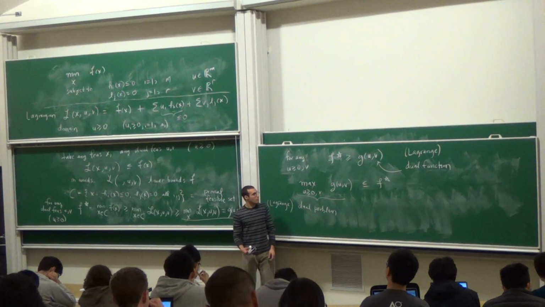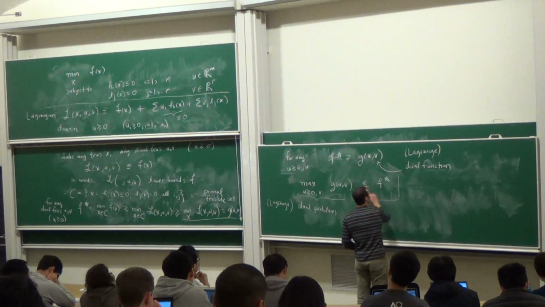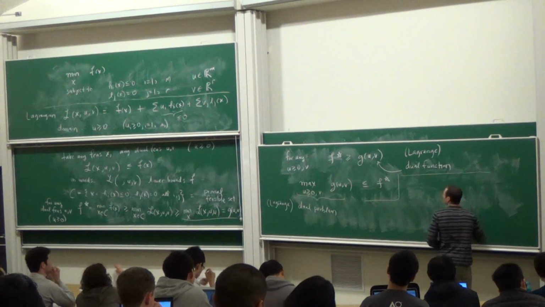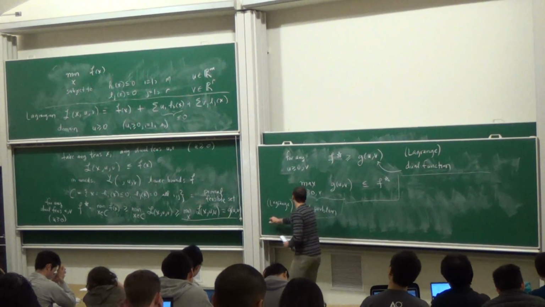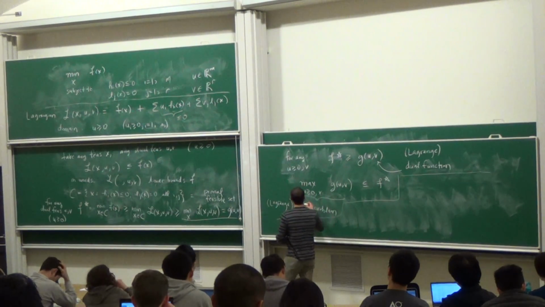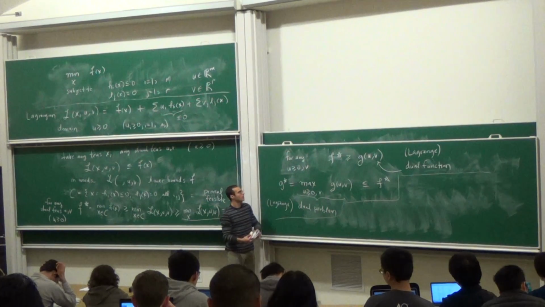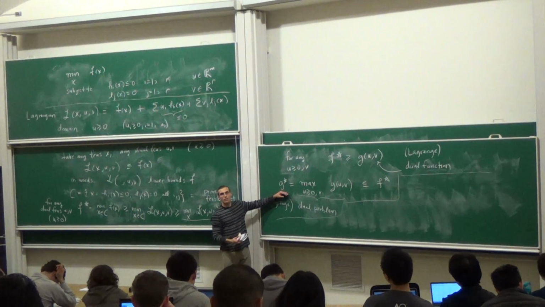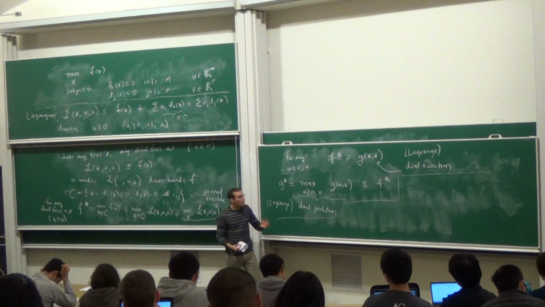And so why do we do all this? Well, we get a couple of things out of it. The first thing I get is, well, this is useful sometimes. Let me call the optimal value of this dual problem g star, just like I called the optimal value of the primal problem f star.